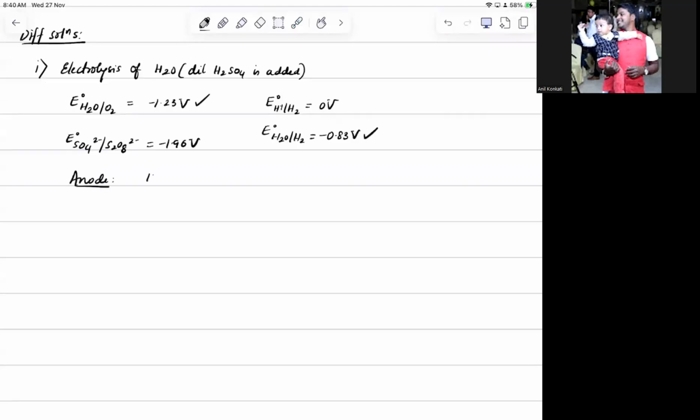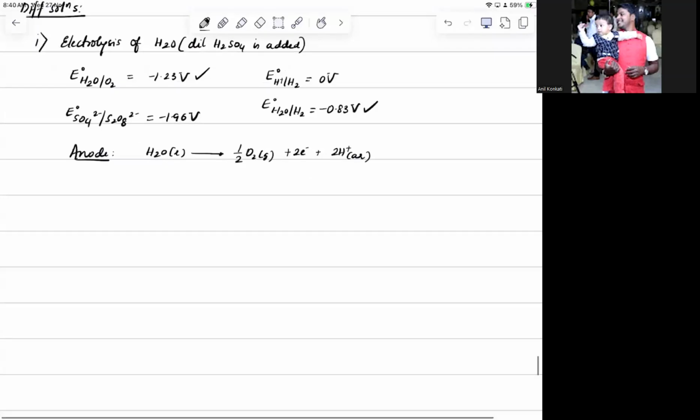The anode reaction is H2O liquid converting into half O2 gas plus 2 electrons plus 2 H plus aqueous. While the cathode reaction will be 2H2O plus 2 electrons converting into H2 gas plus 2 OH minus aqueous.